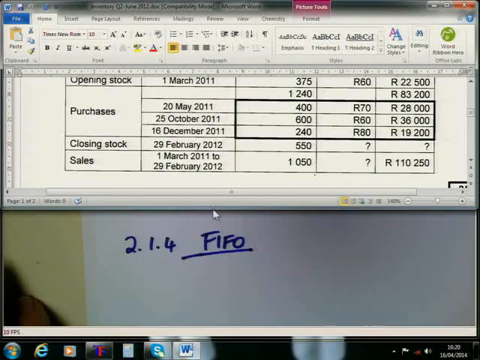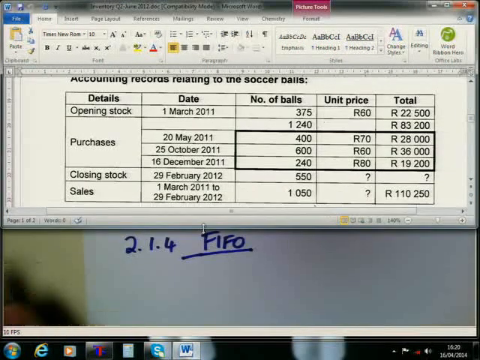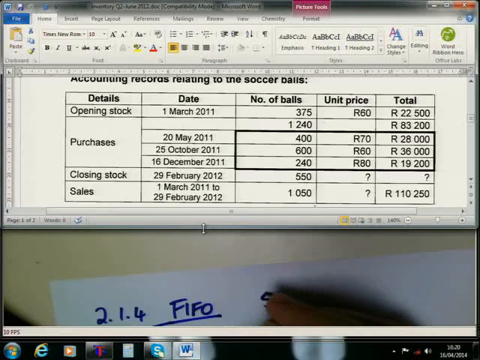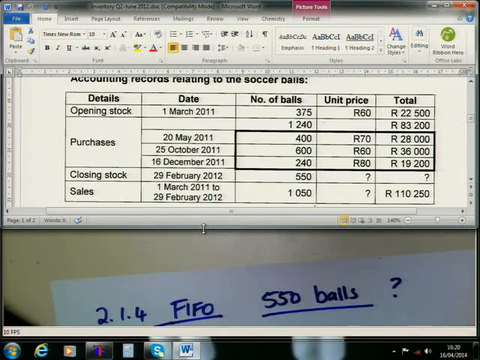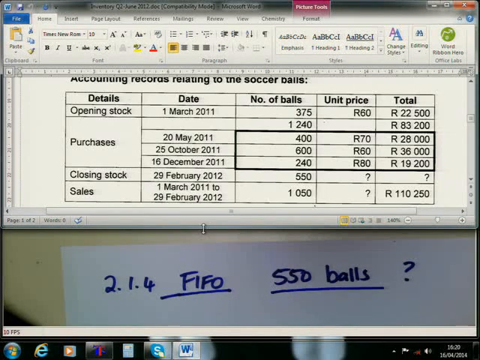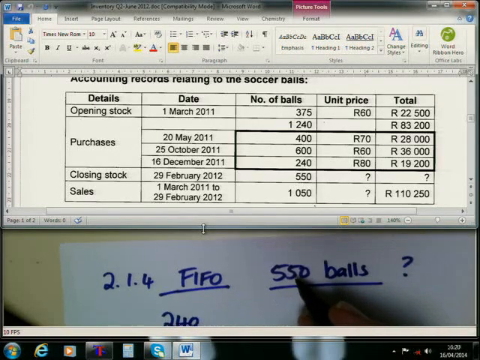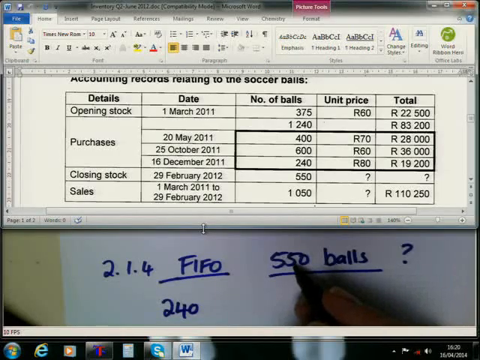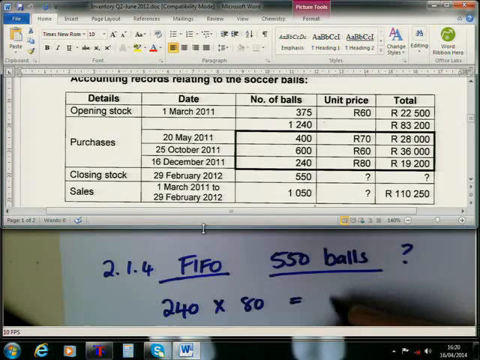We've got on hand 550 balls. The question is, what is the value of that 550 balls? You start with the last one. In December, we purchased 240 balls, which we've still got, because we didn't touch the 240, times 80 rand, which gives us 19,200.